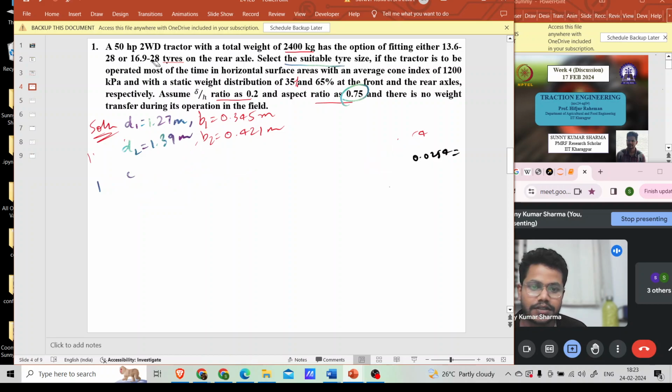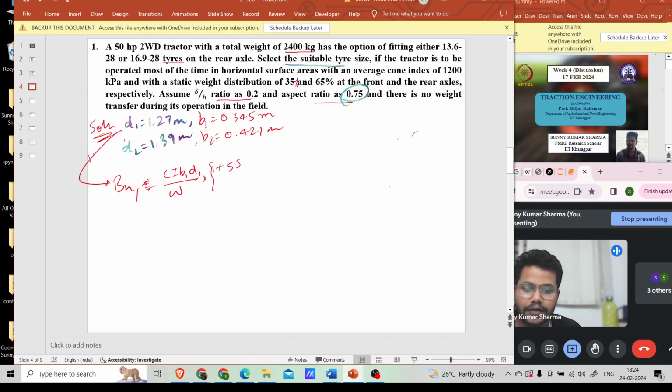Okay. Now we will do the calculation for Bn to calculate the rolling resistance. Bn for this type is CI b1 d1 by the weight coming on this wheel into (1 plus 5 del by h) by (1 plus 3 b1 by d1).